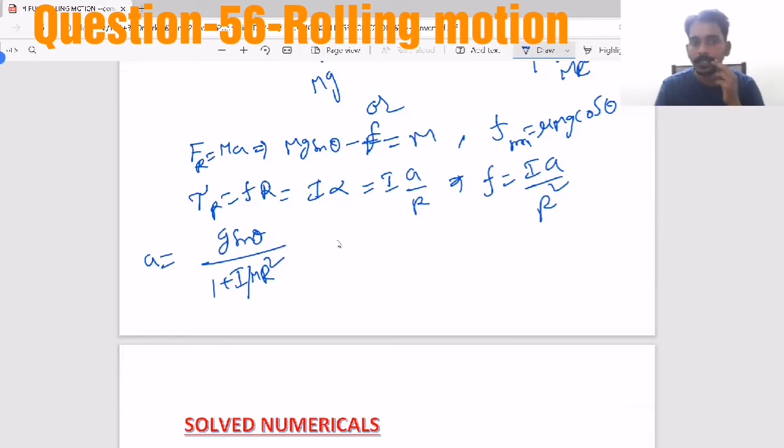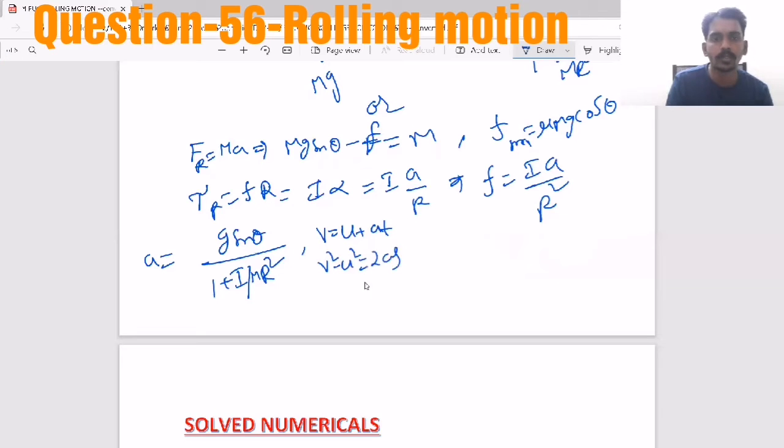Now we got the velocity equation, we got the acceleration equation. Since the acceleration is constant, you can apply the equations of motion like v equal to u plus at, v square minus u square equal to 2as, and s equal to ut plus half at square to find the velocity.